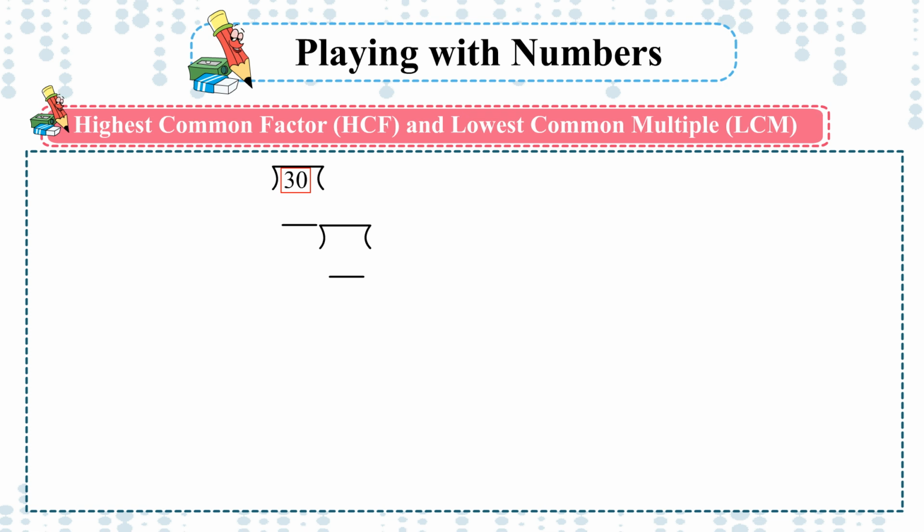30 divided by 20. 20 multiplied by 1 is 20. So, we get the remainder 10. Next, 20 divided by 10, 10 multiplied by 2 is 20. So, we get the remainder 0.